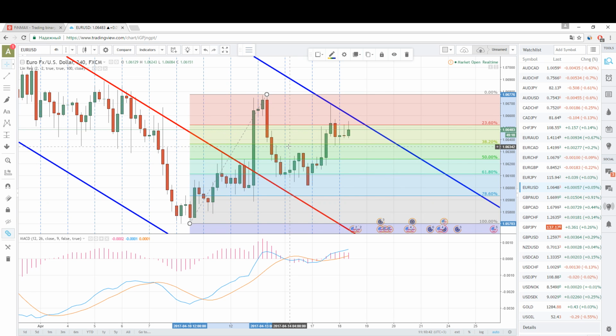So what can be added also? The same situation as with the level of support resistance.